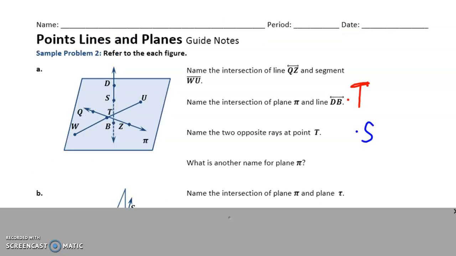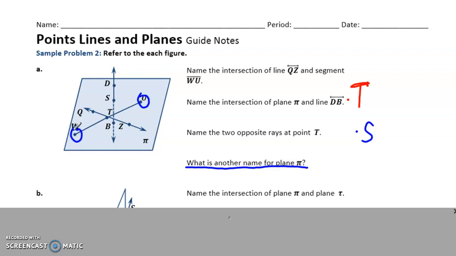What is another name for plane pi? So three non-collinear points. Can you give me one point that looks like it's on the plane, Jenna? U. So she's saying U is on the plane, and she's correct. Catherine, what's another point that's on the plane? W is on the plane.